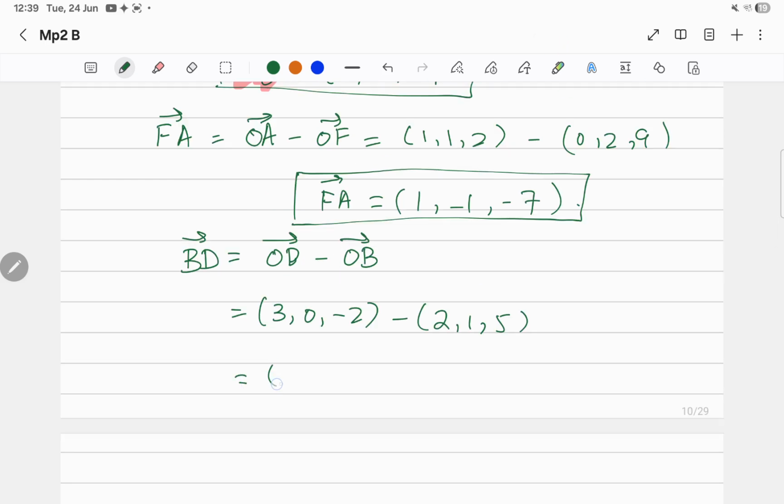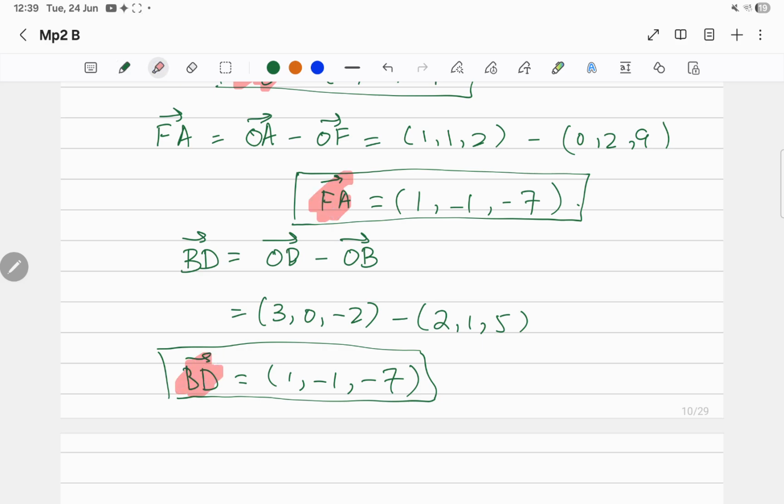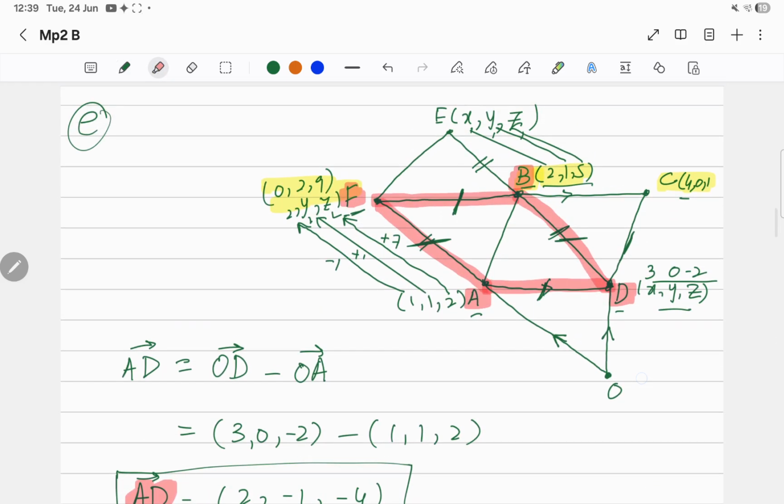Okay, so it will be 3 minus 2 is 1, 0 minus 1 is minus 1, and minus 2 minus 5 is minus 7. So you can see this BD is the same as FA.